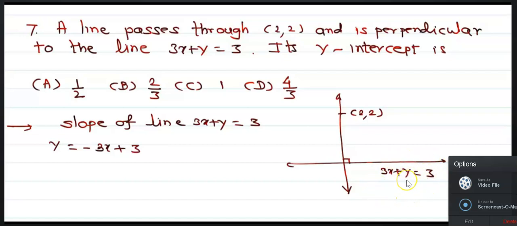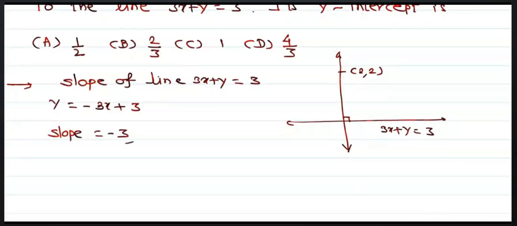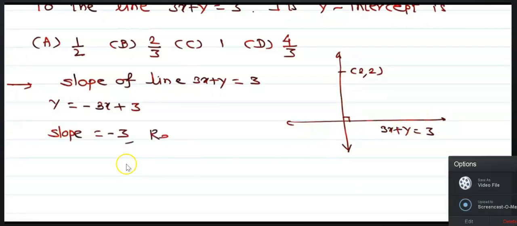Now, what is the slope of this line? We will express it in the form y is equal to mx plus c. Therefore y is equal to minus 3x plus 3, and the slope of this line is minus 3.